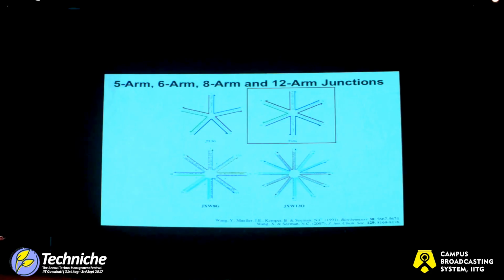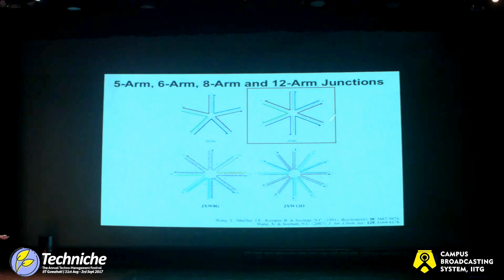Now, I don't want to talk about either of those structures in great detail, but I do want to talk about this one. In the fall of 1980, so long before this work was reported, I walked over to the campus pub at the university I was in and decided to think about 6-arm junctions.